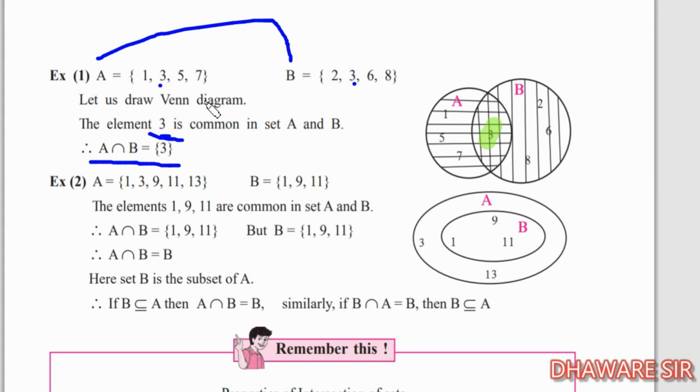We have already written the 3 here. So we write the elements 1, 5, 7 in A, and 3 is already written in the intersection of the circles. Then in the set B, 2, 6 and 8 are the elements. Now this is called A intersection B. We can write here A intersection B.